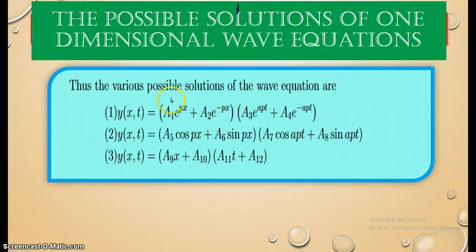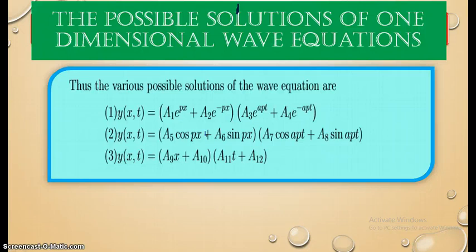For these 3, we have to choose which one is the correct solution based on the problem. The first one is the exponential form, which is very difficult for finding the wave frequency. The last one is a linear form, and here also we are not able to find the frequency. Only the trigonometric form lets us find the displacement of the string.